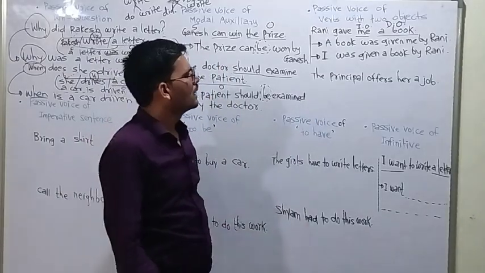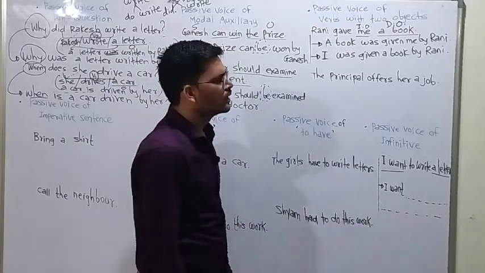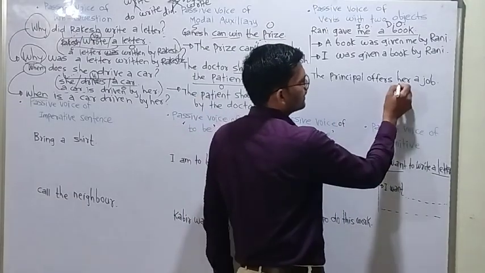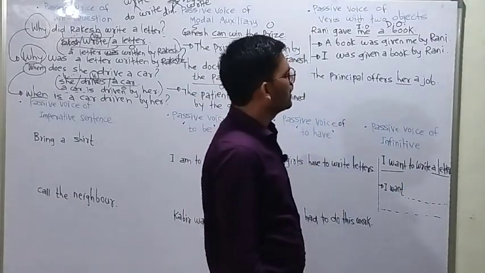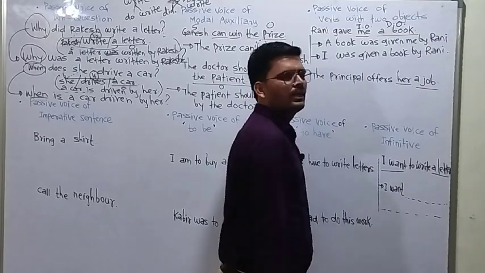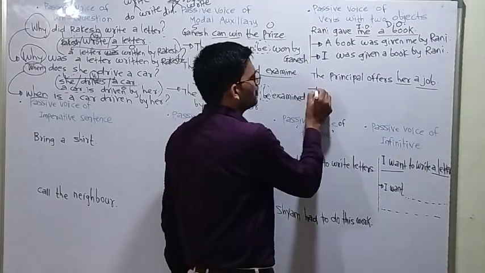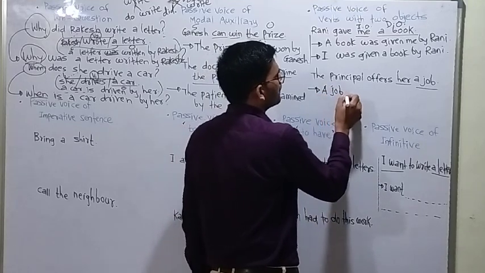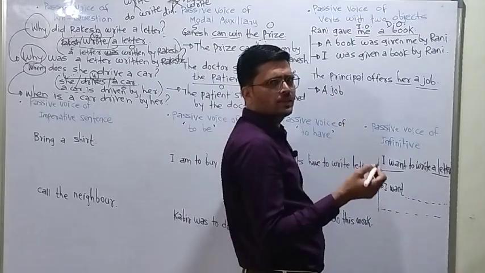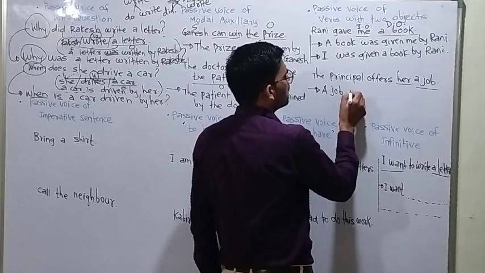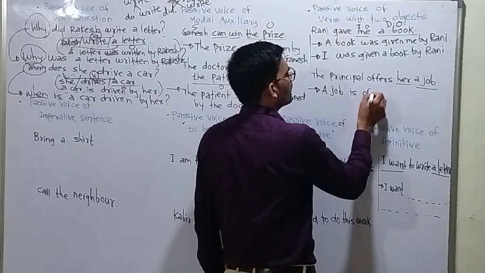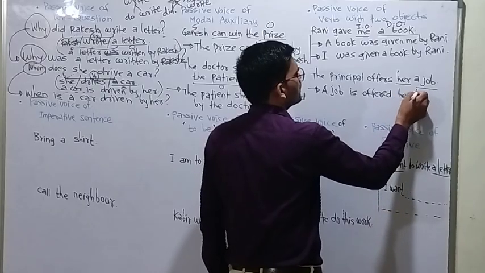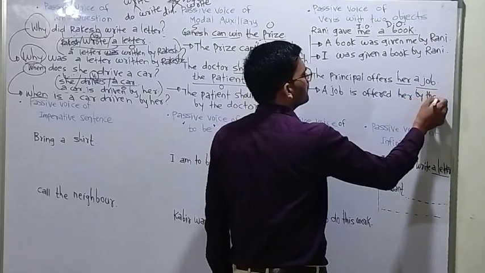The next example: the principal offers her a job. The principal offers whom? Her. That is the indirect object. What? A job. That is the direct object. We convert active into passive. A job is offered her by the principal.